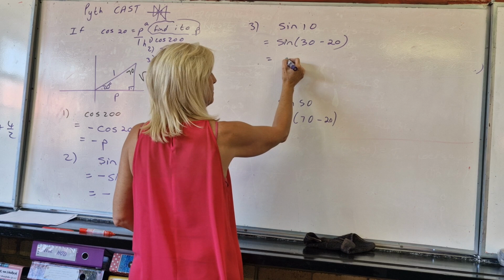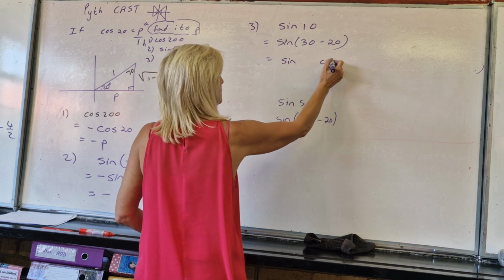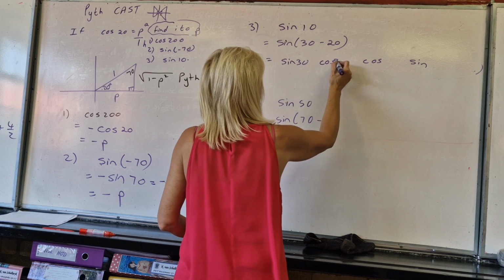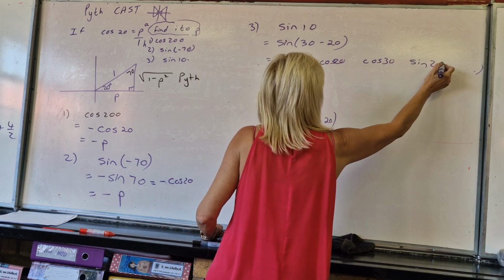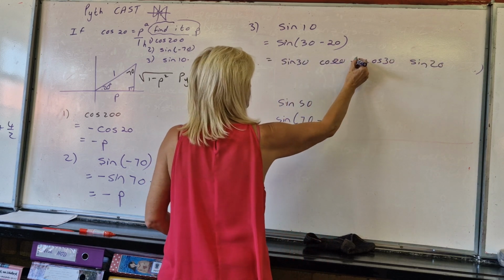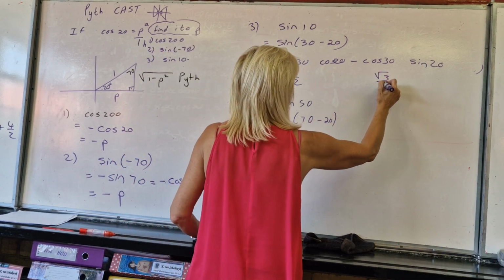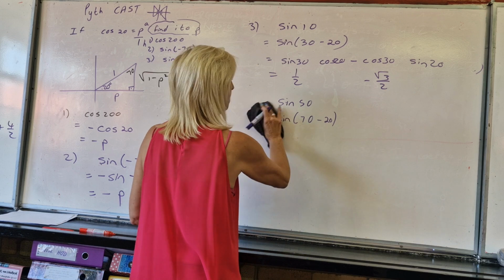So this would be sin(30 minus 20), and it's sin, so negative stays. Negative, sin 30 is a half, cos 30 is root 3 over 2.